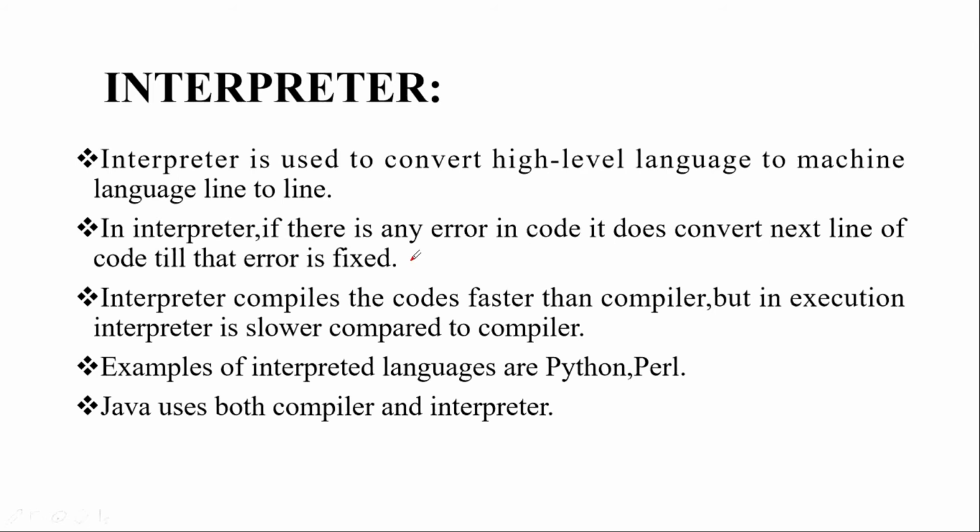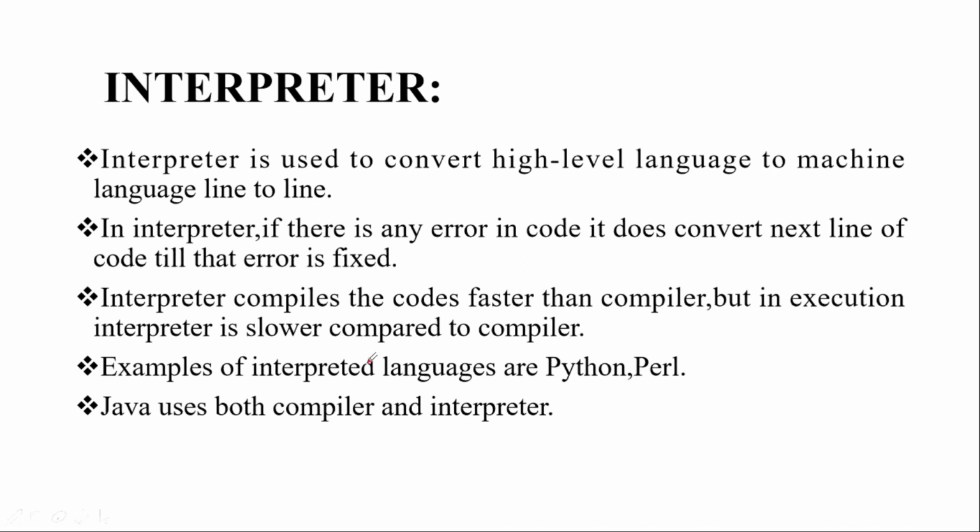An interpreter compiles the code faster than a compiler, but in execution the interpreter is slower compared to a compiler. A compiler compiles slowly but executes fast, whereas an interpreter compiles fast but executes very slowly.